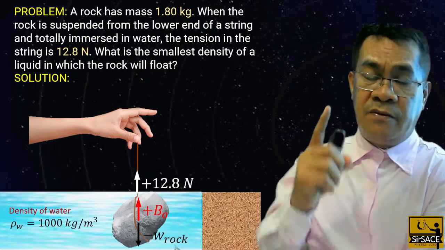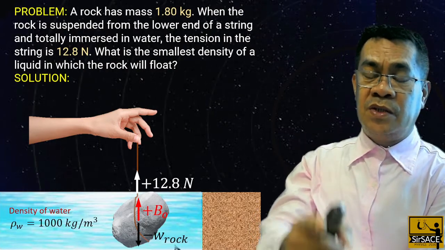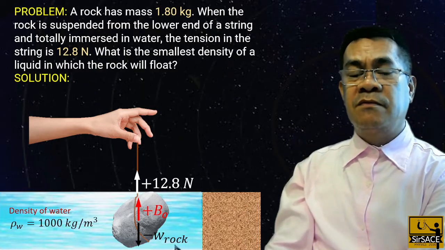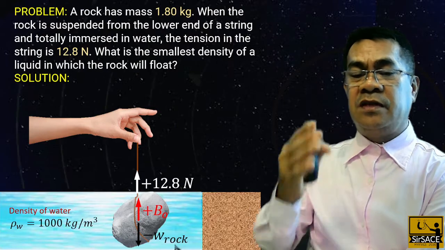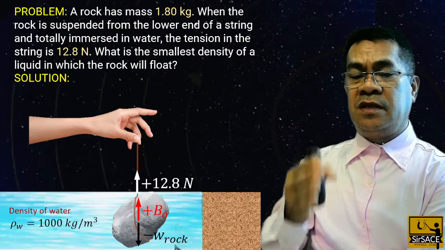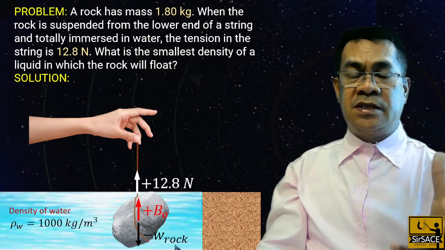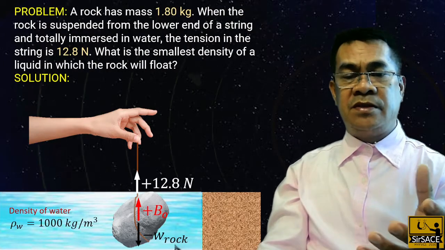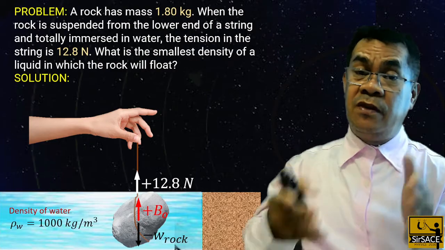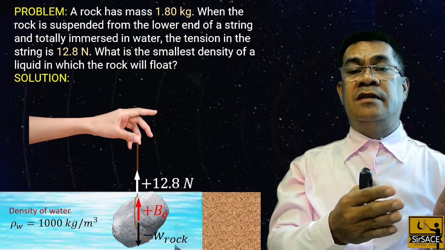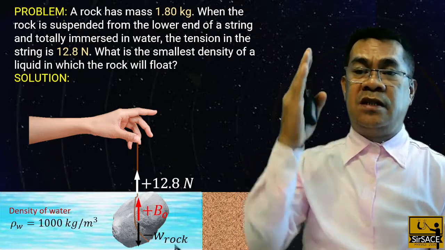But remember that the volume of the stone can be computed using the buoyant force, because the buoyant force is rho g V. With this given information, we can solve for the volume of the stone, and that volume can be used for another submersion, let us say in another liquid.